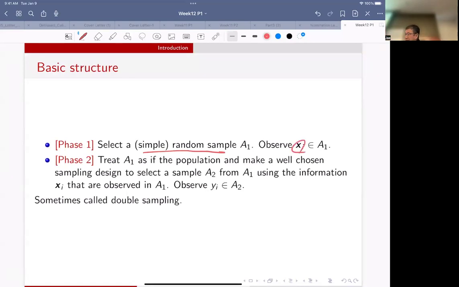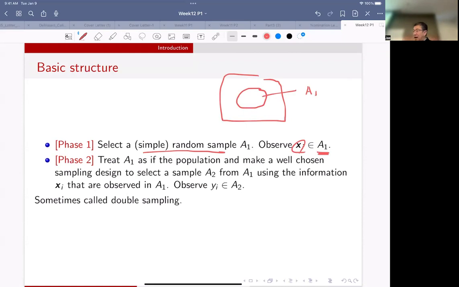And then after that, I treat A1 as the population.